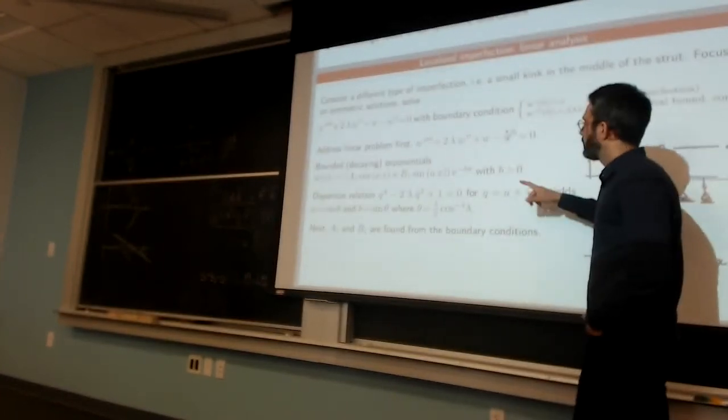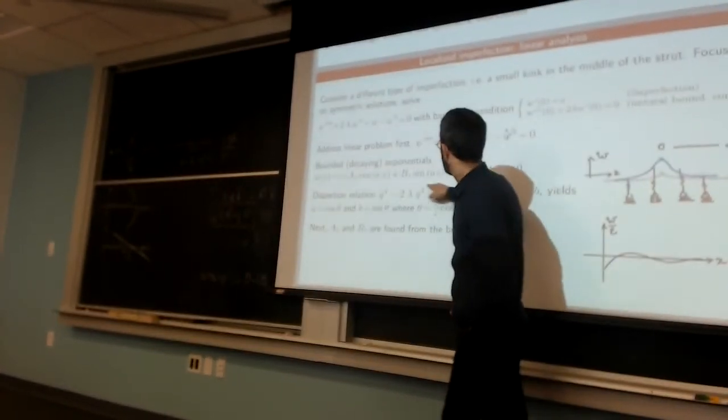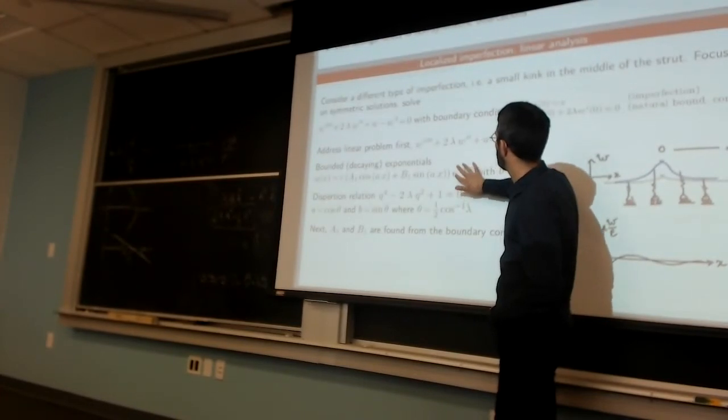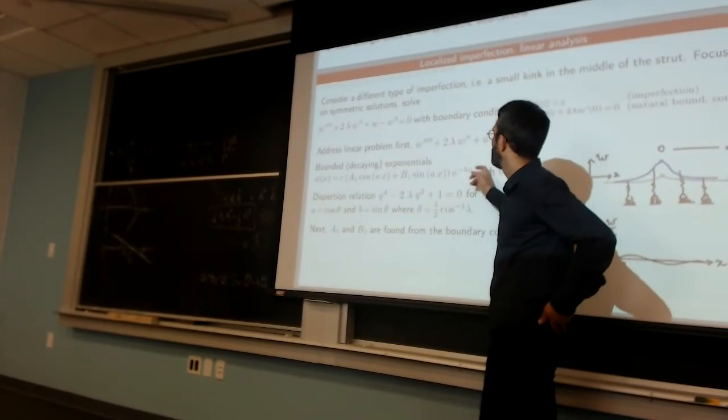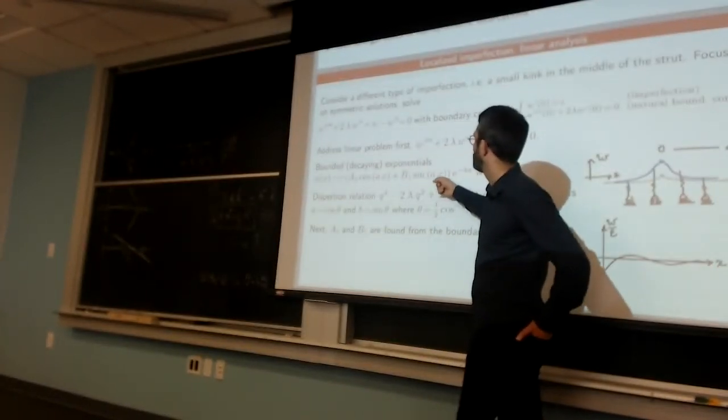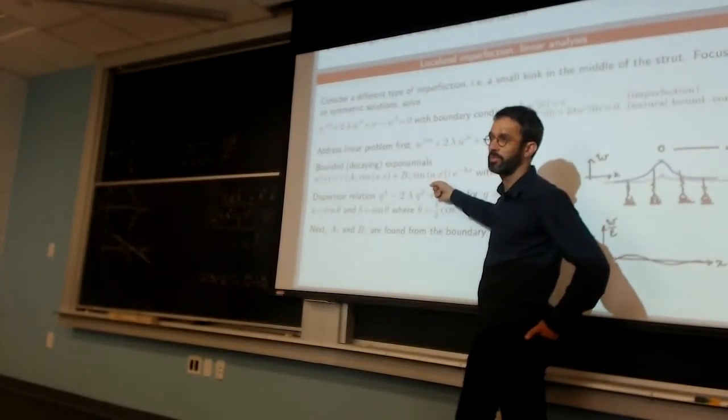Okay? So in that solution, the decay length, 1 over B, is going to be larger and larger. And this is going to look like your critical mode, right?